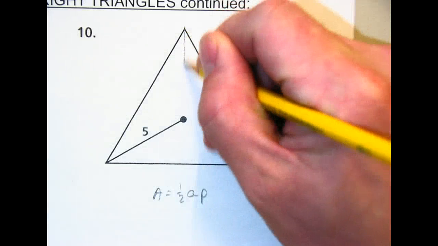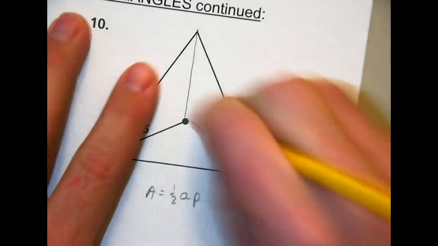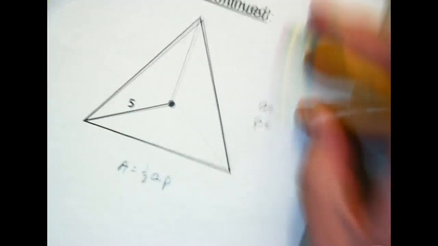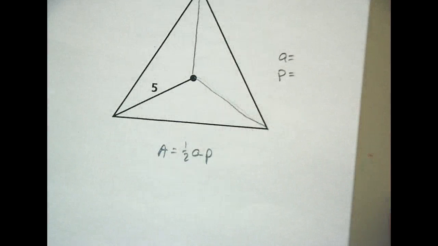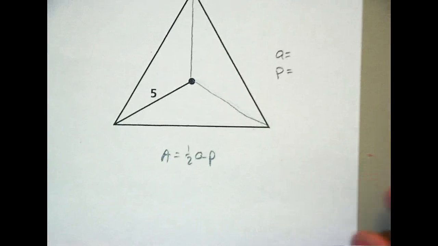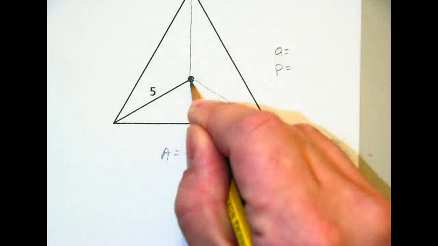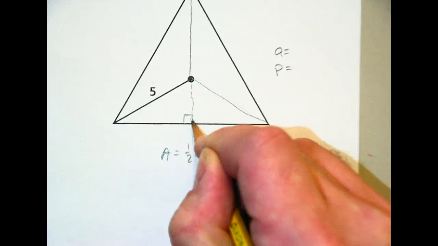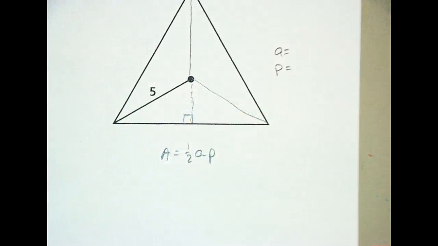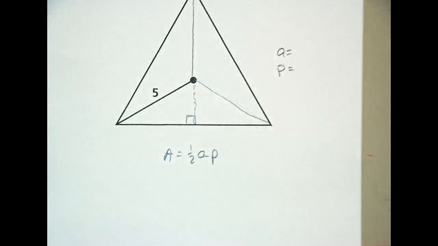This is the diagram I see on a lot of your papers right now. Granted, it looks really cool. However, right now, I don't have a right angle anywhere. So try dropping an apothem and see how that helps you. Think about your interior angles. How does that apothem help?